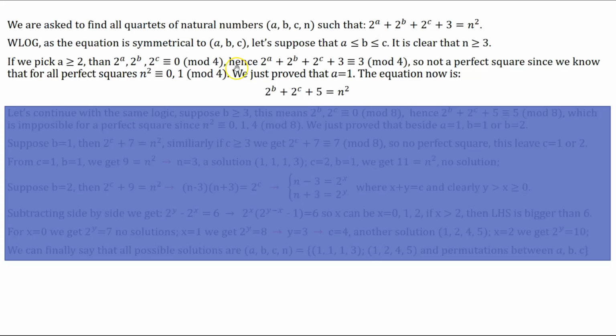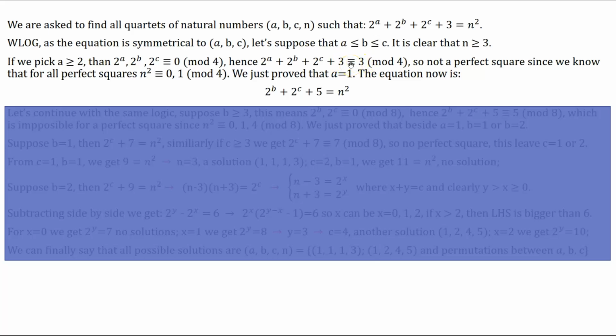So in this case the sum 2 to the a plus 2 to the b plus 2 to the c plus 3 will be congruent to 3 modulo 4, because all of these terms are divisible by 4, so the remainder will be equal to 3.